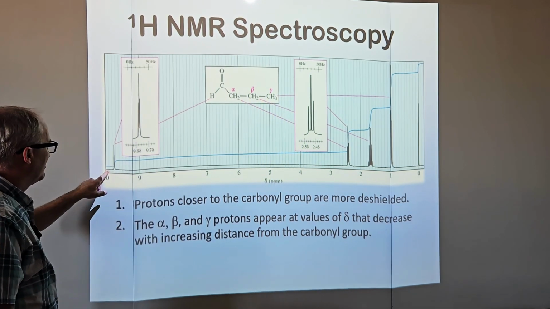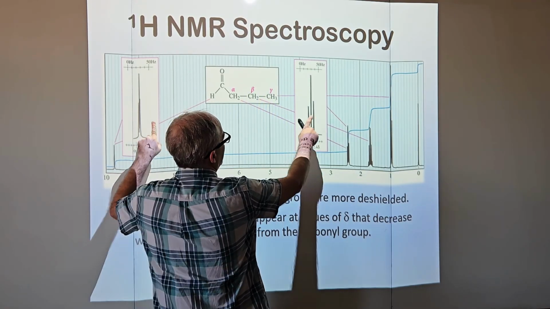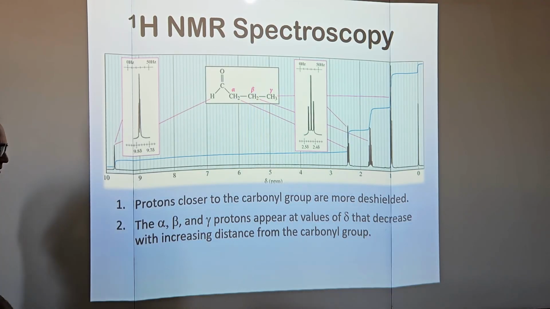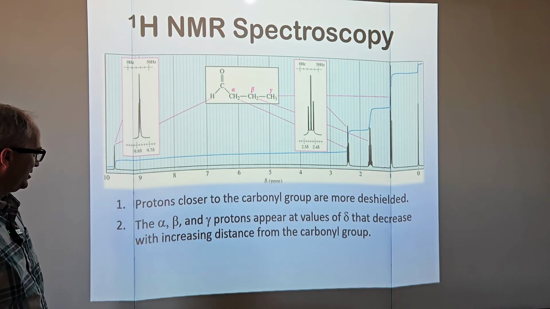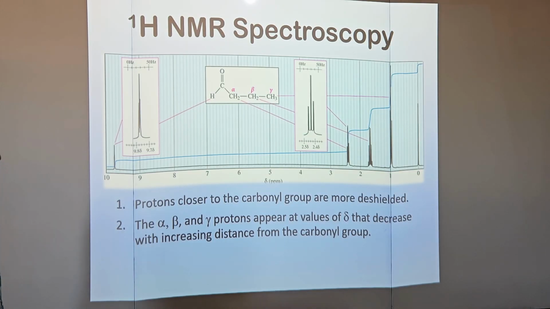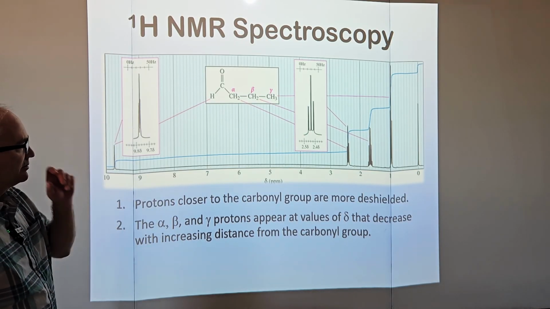And this one's way over here, 9.9 or something. And why did they tell me these skills? All right, protons closer to the carbonyl carbon are more deshielded. The alpha, beta, and gamma protons appear at values of delta that decrease with increasing distance from the carbonyl group.